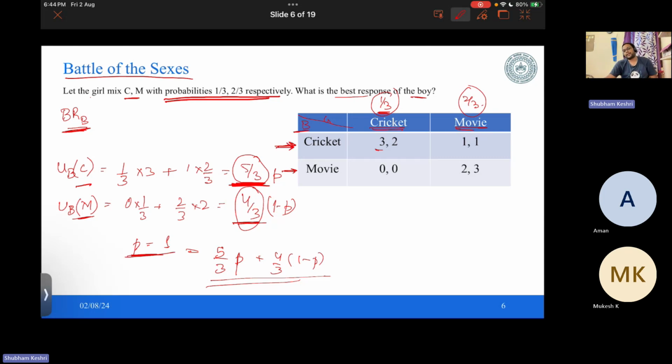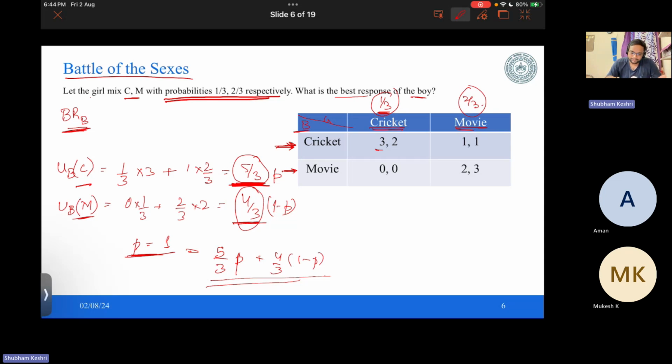He will always go for cricket and not movie. So the boy will play a pure strategy, but the girl is playing a mixed strategy. We will see this next when we discuss the Battle of the Sexes again in detail.